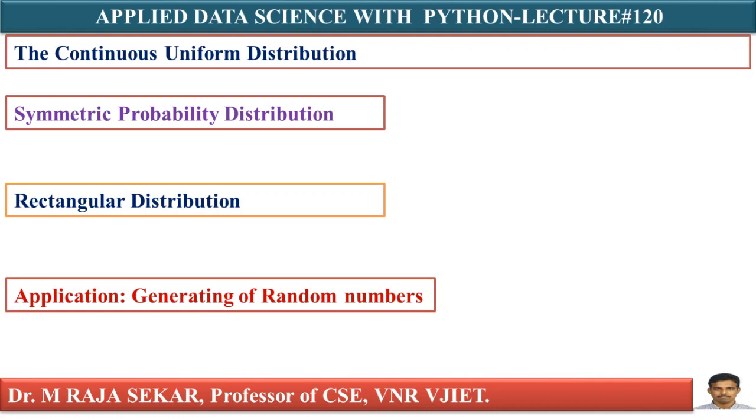One of the most important applications of uniform distribution is in the generation of random numbers. This random number generation is very useful in solving many data science problems we will discuss in future classes.